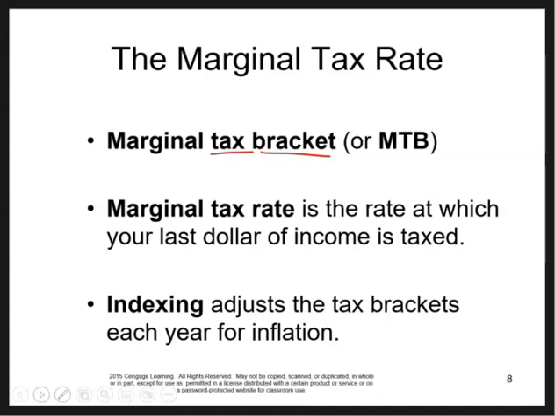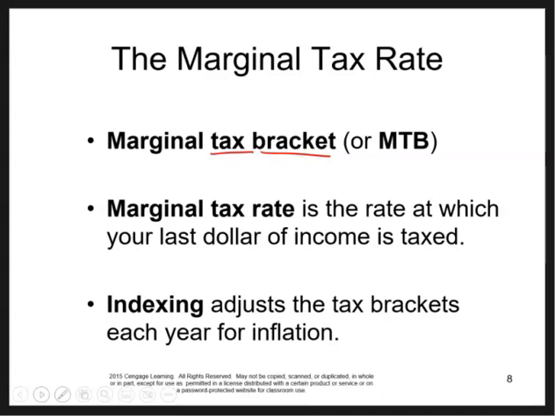Tax rate schedules are indexed on an annual basis. That's an effort by the IRS to avoid what is called bracket creep, which causes people to go from one income bracket to the next.